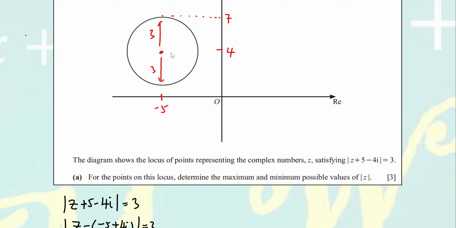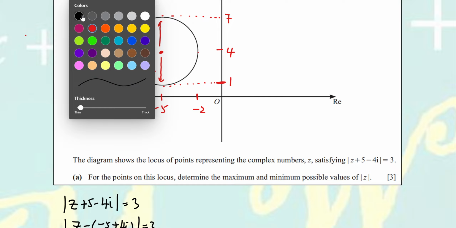So you minus 3 from 4, this is going to be minus 1. Oh, sorry, it is 1. Okay, 4 minus 3 is 1. Then I know that here is going to be minus 2, and this point is going to be minus 8. Okay, this is the diagram.